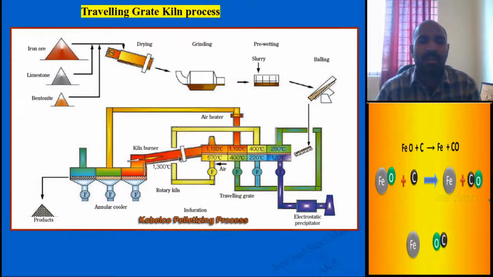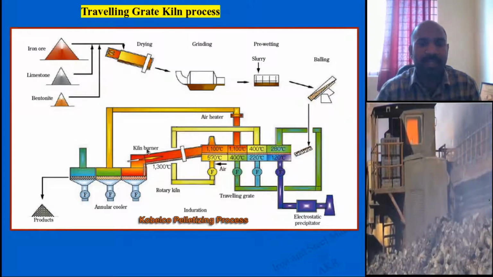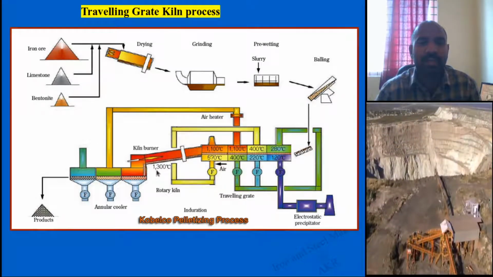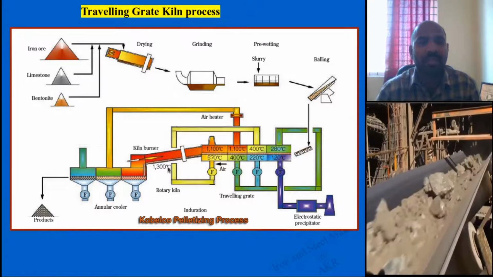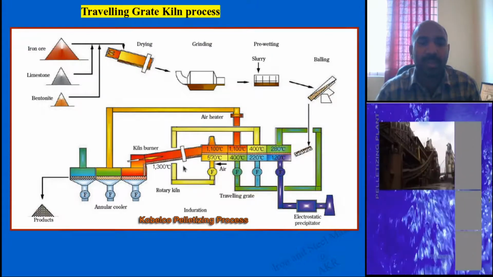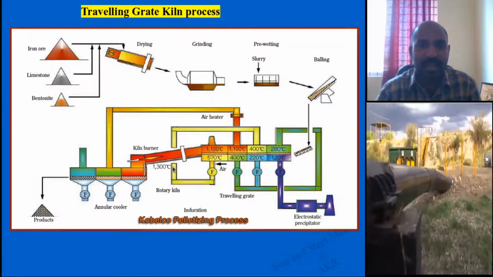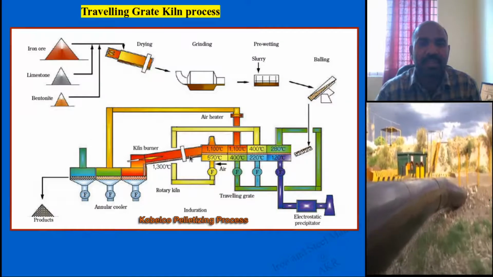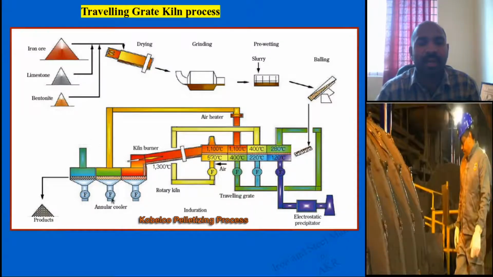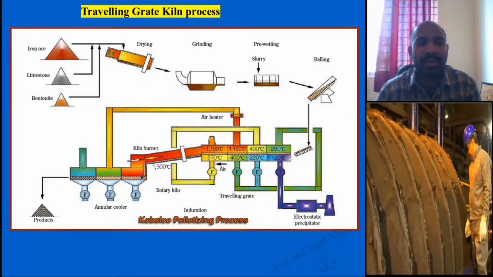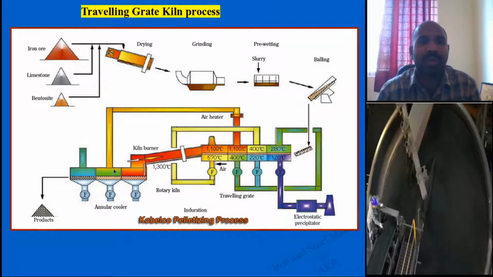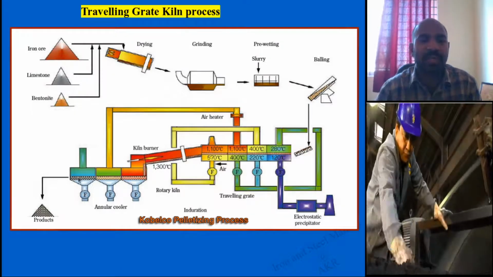It rotates, and from the exit side you use another burner so that you achieve a temperature of 1300 degrees Celsius in this kiln. It rotates, and after that it is taken into these coolers. Cooling is also done stage by stage: 1, 2, 3.